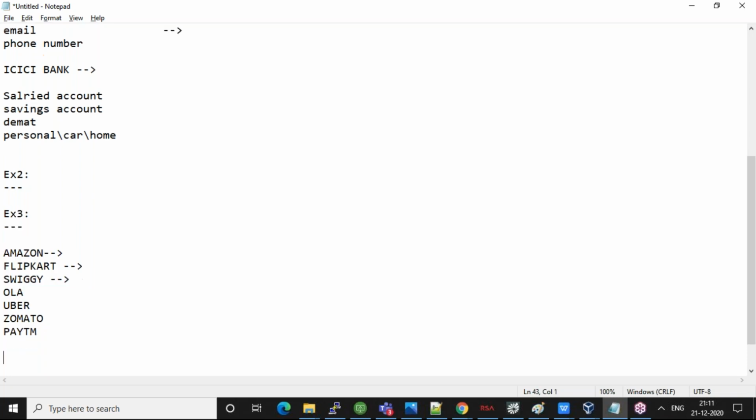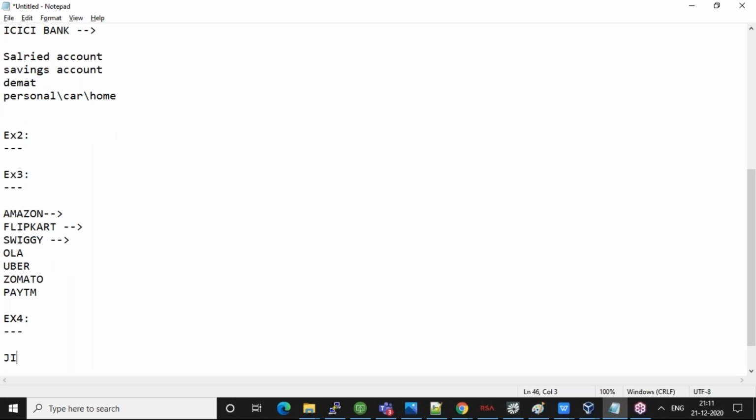And I will give the fourth example. Jio, guys. By using Jio, for 3 months you can purchase mobile data. Am I right or not? Nowadays the amount has increased.